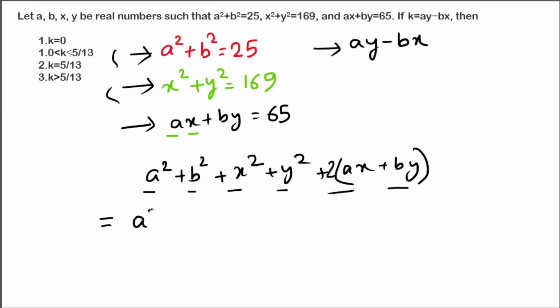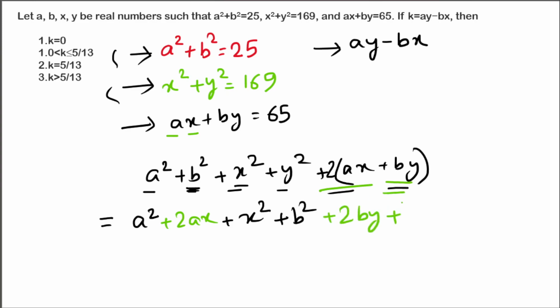For example, we will take a square from here, we will take 2ax from here, and we'll take x square from here. All right, and now we'll take b square from here, and we will take 2by from here, and then we will also take y square from here. Okay, so this will form something.